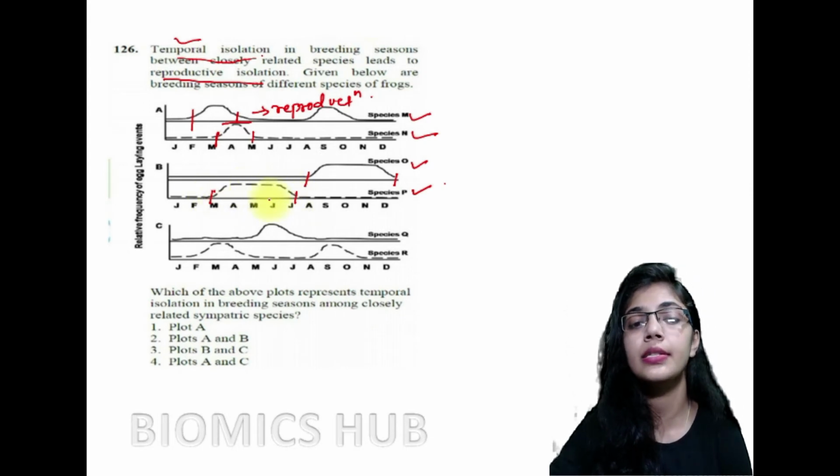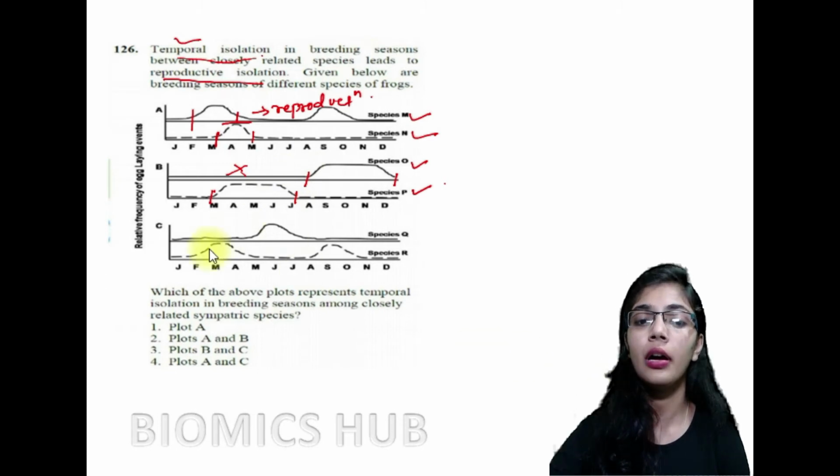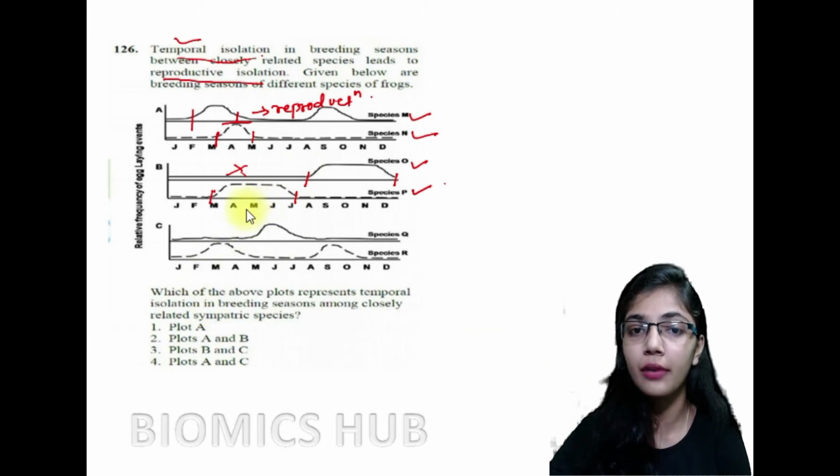But during this period, species O is unable to reproduce. See here, it is not favoring the reproduction. So in this case, reproduction cannot take place. In our question, it was asking which graph cannot reproduce. So it will be a correct statement. So B is a correct statement.